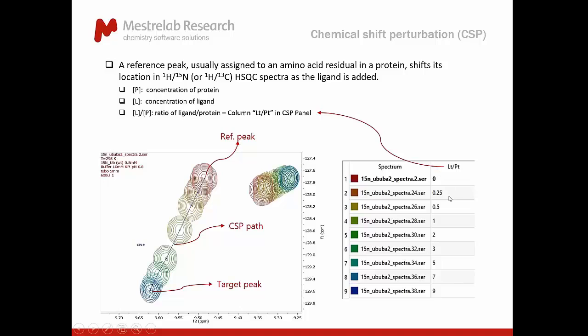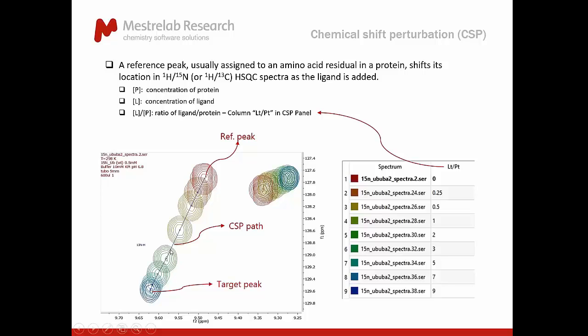And you see as the ligand concentration increases, the peak of that residue shifts more or less in one direction until it reaches here. And we have the assignment of that peak, so now we know which residue in the protein it is from. And this is the chemical shift perturbation path, as we call it.